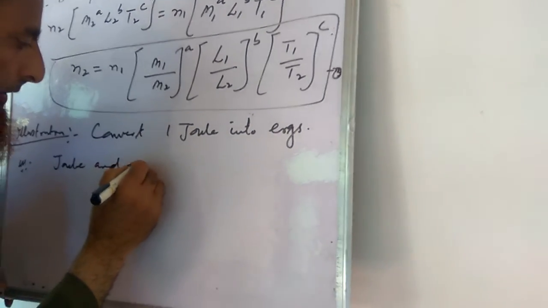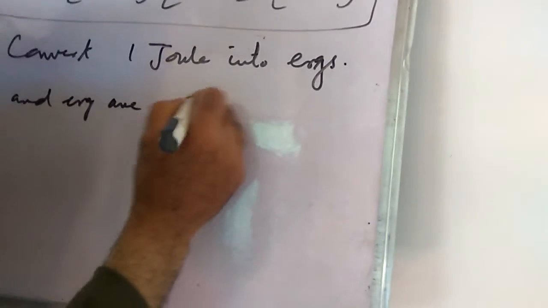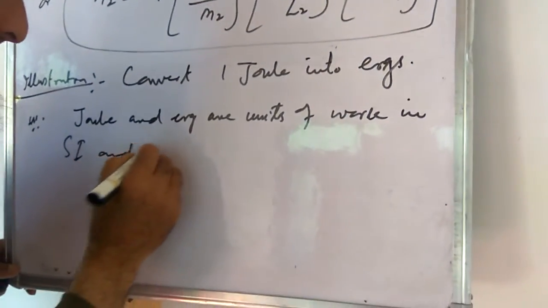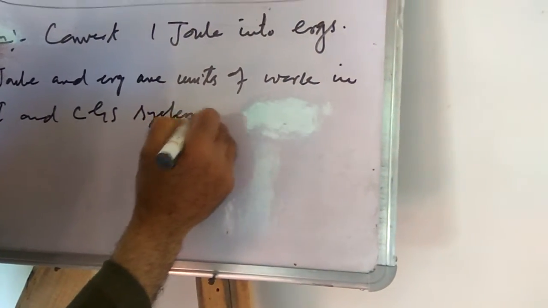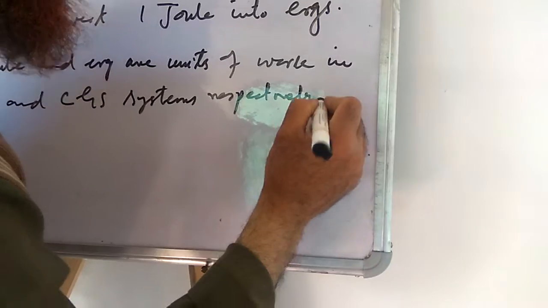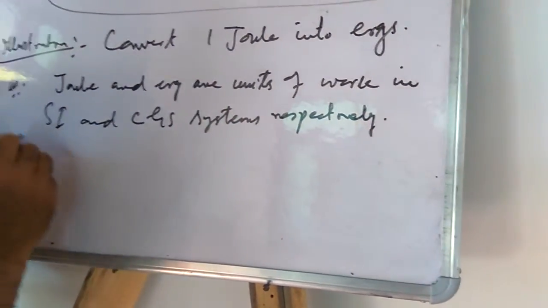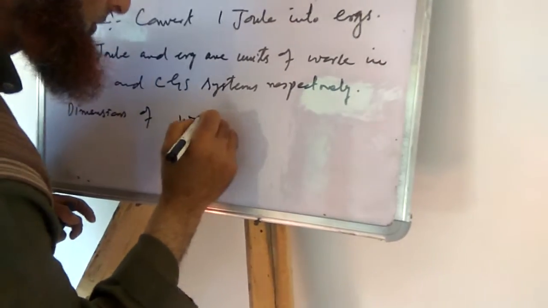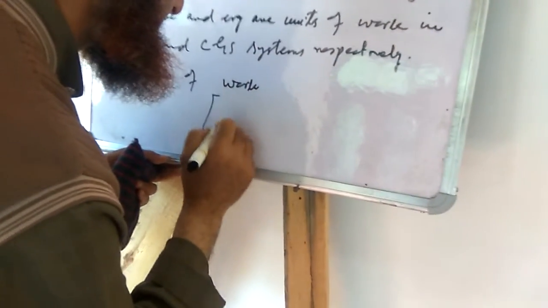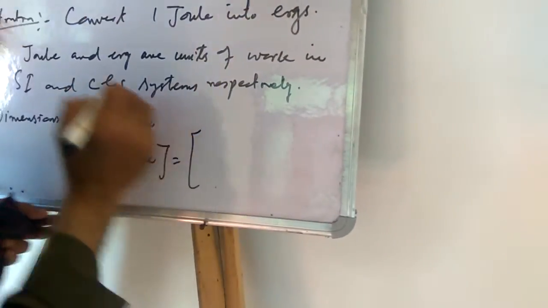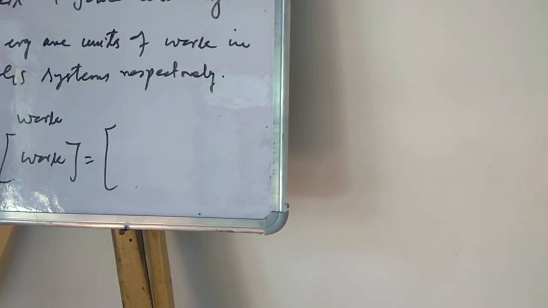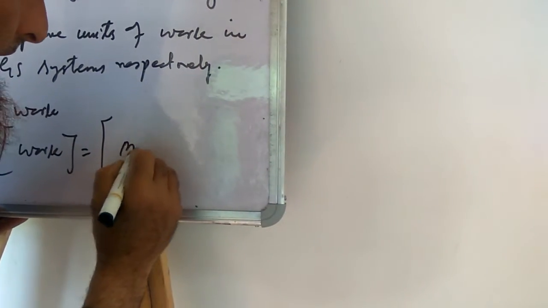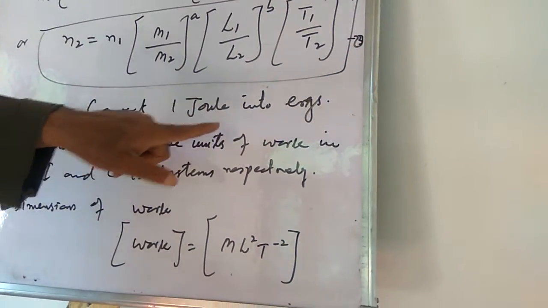Joule and erg are units of work in SI and CGS systems respectively. First we see the dimensions of work: M L^2 T^-2. We have to convert joule into ergs.